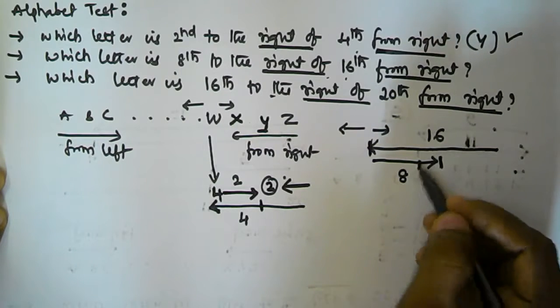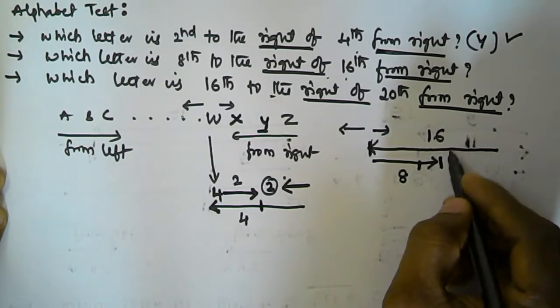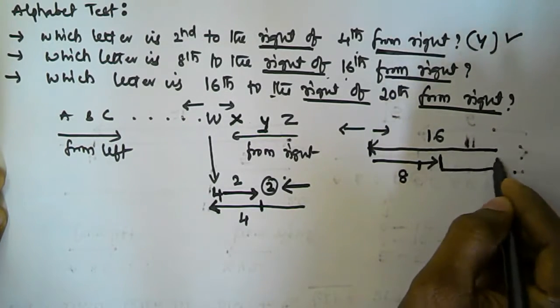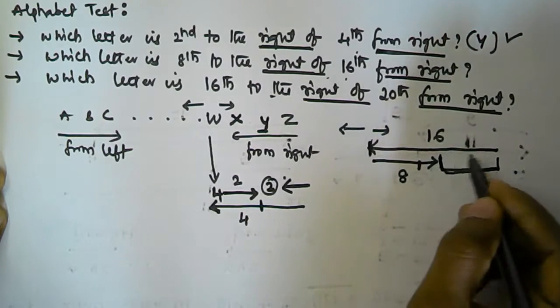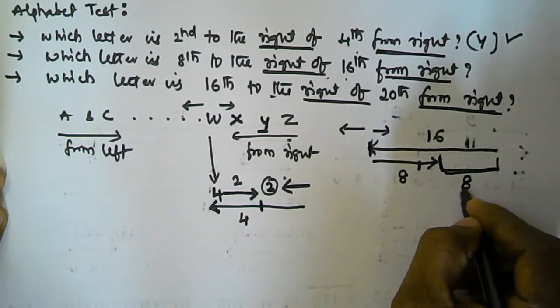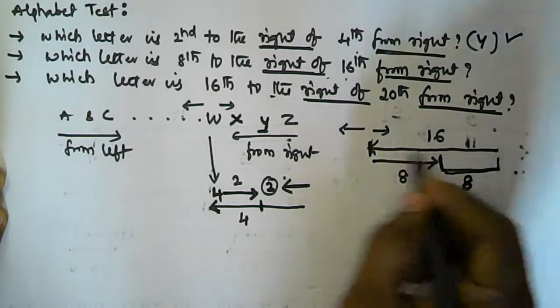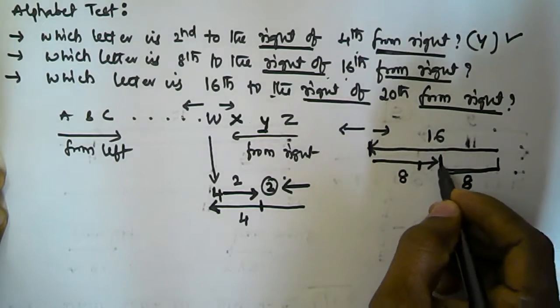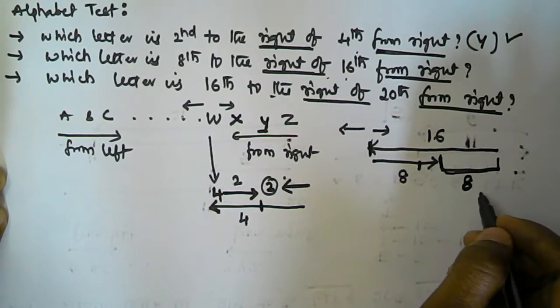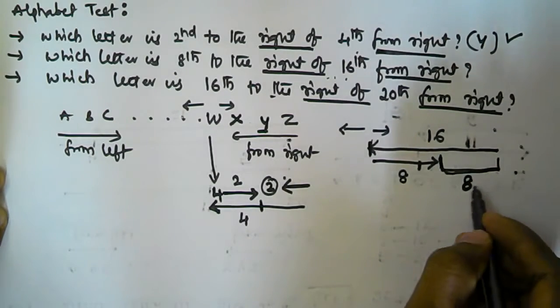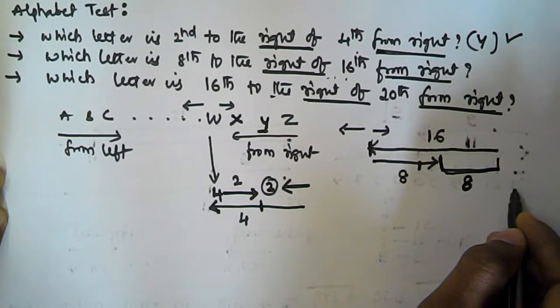When we subtract this 8 from the 16, we are left with 8. If we move 16 positions from here to here and 8 positions from here to here, we are left with 8. So the answer for the second question is the 8th letter from the right hand side.